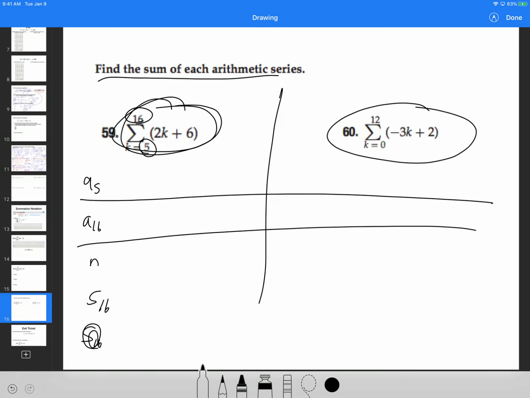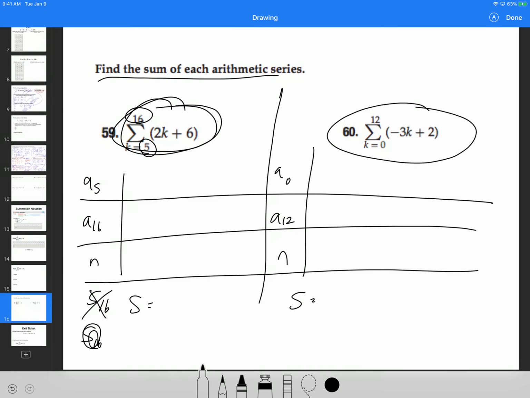It's not the first 16 numbers. That's not how we should write it. We should just write the sum here and the sum here. A sub 0, a sub 12, and then the n value. Okay. All right. So I'll again pause the video and make sure you have these questions written down in your notes, and then try it on your own, and then we'll verify the answers together.